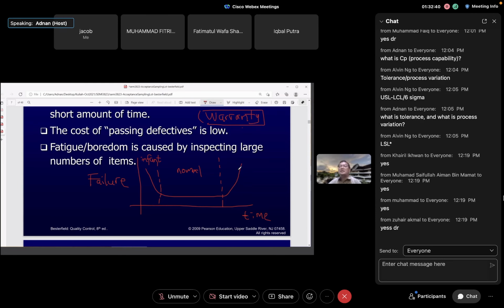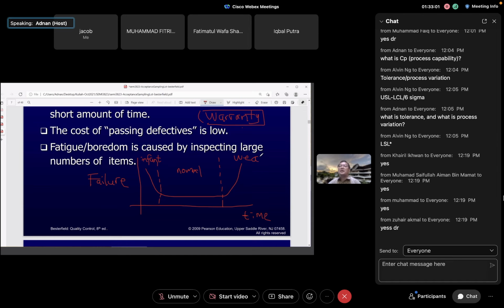The last part here, we call it worn out. Worn out failure. Okay, or wear out lah, wear and tear. Okay, wear and tear.